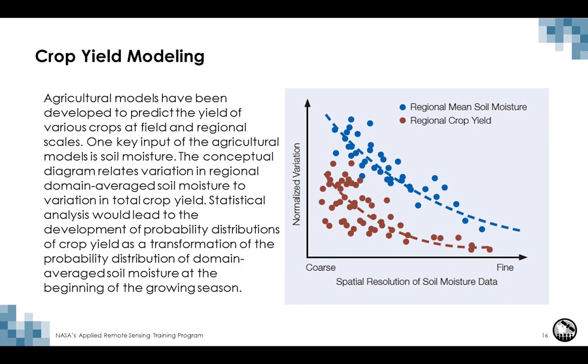This diagram relates the variation in regional average soil moisture to the variation in total crop yield. You can see that they're nicely correlated, and you can do this statistical analysis to develop probability distributions of crop yield based on soil moisture.